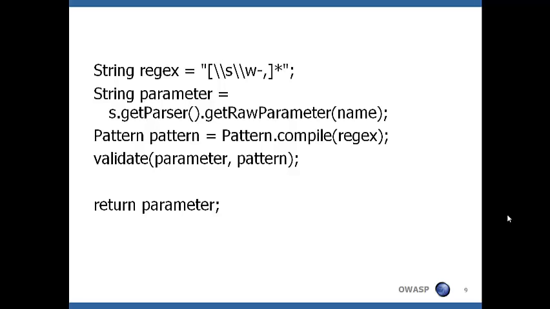I have not used the Matcher class over here, but I have used Pattern, and I have used a predefined method called compile. With the Pattern.compile method, I am comparing the regex string variable with my pattern.